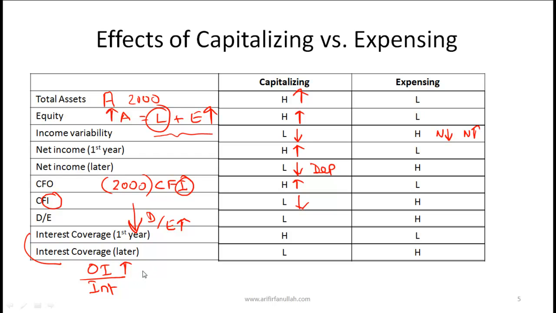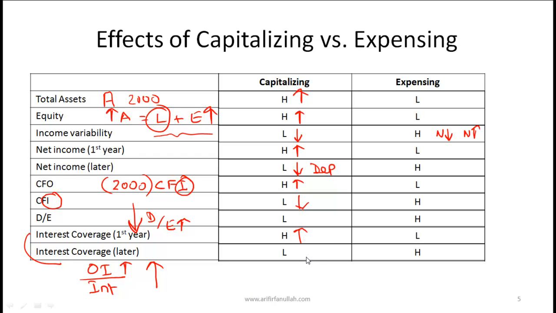So your operating income is higher in the first year. Since the interest payment is the same for both capitalizing and expensing, your overall interest coverage ratio is higher in the first year, the year where you spend money on the equipment.